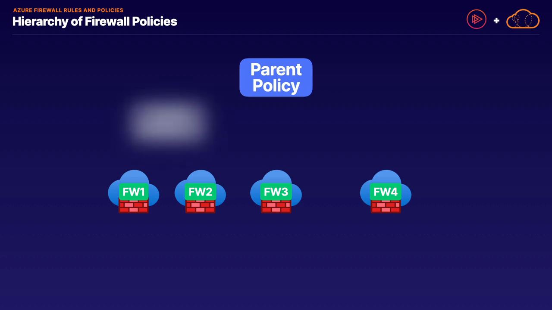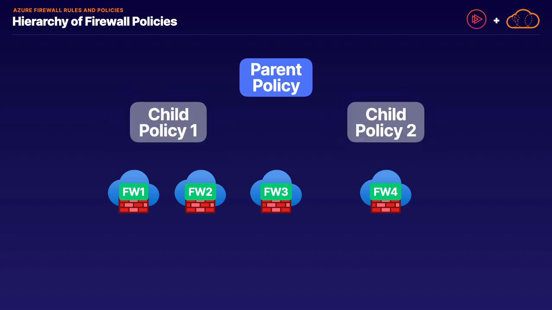And then we create a child policy 1 and a child policy 2. And each of these is actually going to inherit the rules from the parent policy, because again, these are the reusable rules that we're going to use across all firewalls. But maybe in child policy 1, we have some different rules that we don't have in child policy 2, and vice versa. And the decision to organize our firewall rules in this way could come down to something as simple as that firewall 1 and 2 maybe need specific rules that are in child policy 1, plus those rules that are inherited by child policy 1 from the parent policy.